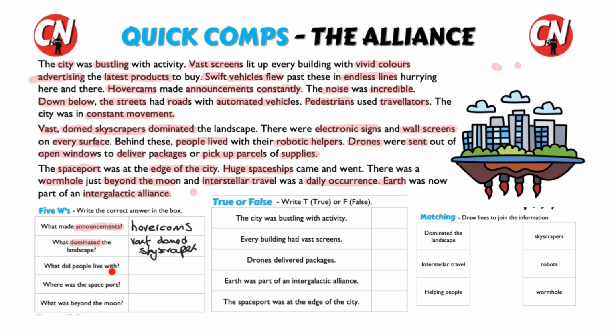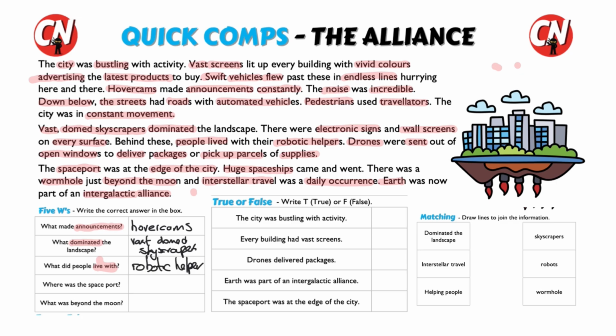What did people live with? Key bit of information is live with, isn't it? I sort of remember that around here. Behind these, people lived with their robotic helpers. Fantastic. So I've got my robotic helpers, and I'm just writing that in. Job done.